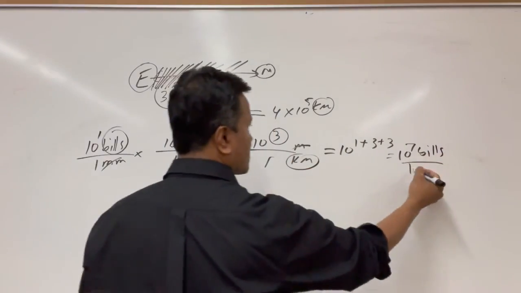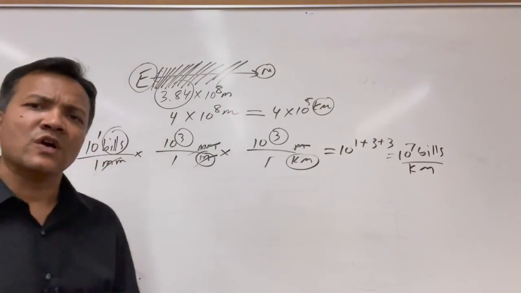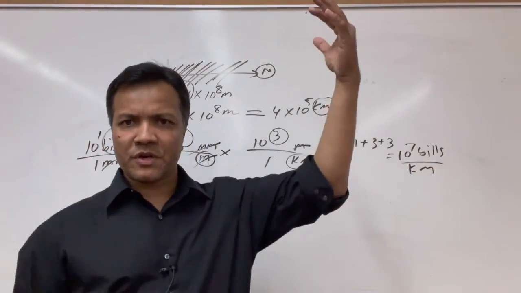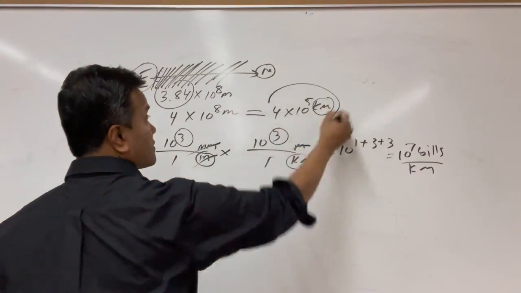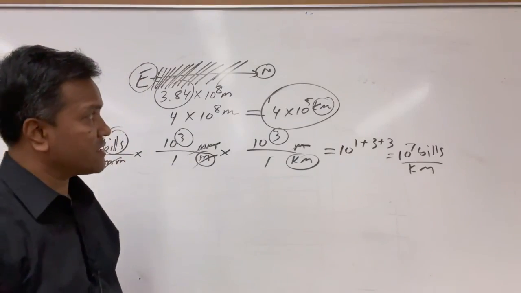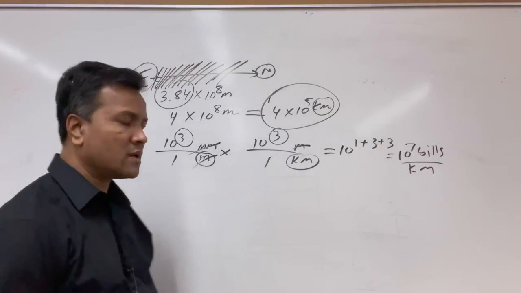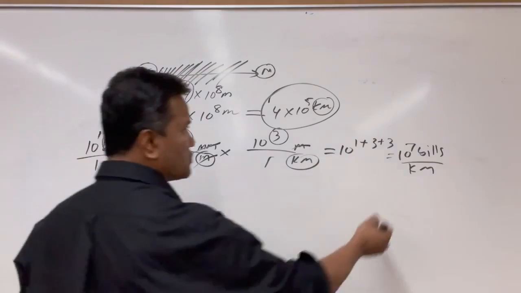per kilometer. However, the moon is not 1 kilometer above the ground, it's not on the rooftop. It's 4 times 10 raised to 5 kilometers. So how many dollar bills do I need? Do I need 10 raised to 7?